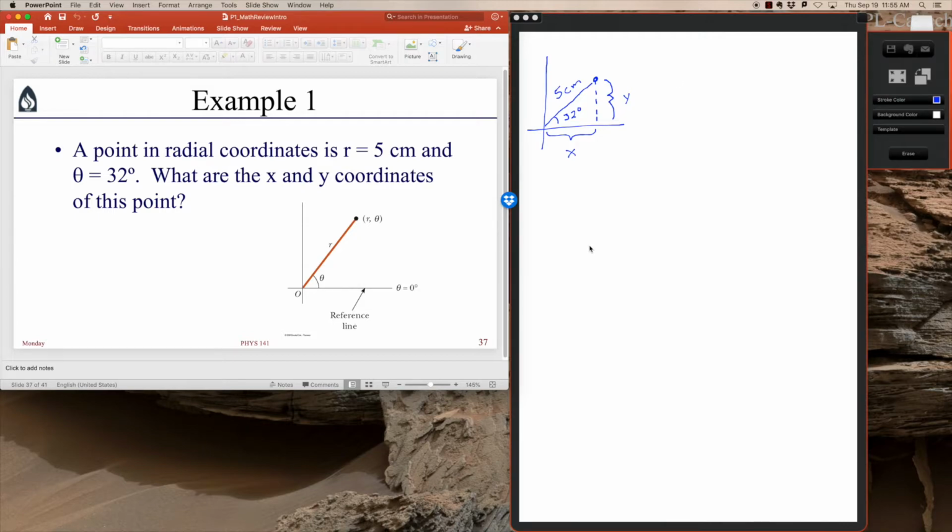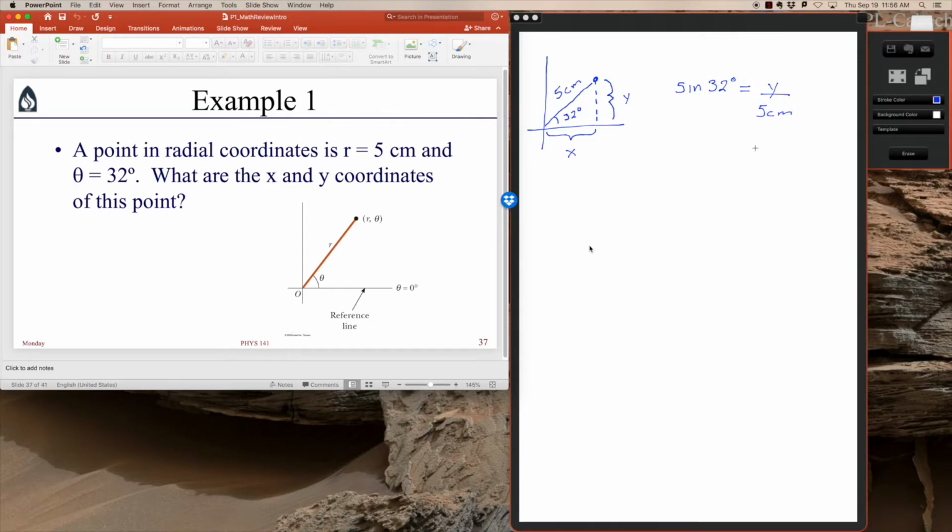So first off, let's consider the sine of this 32-degree angle. So the sine of an angle, if we have a right triangle, is the opposite over the hypotenuse, and in this case the opposite side is the length of this triangle, which is the same as the y-coordinate of my point, and the hypotenuse is 5 centimeters. So I would write down that the sine of 32 degrees is equal to y over 5 centimeters.